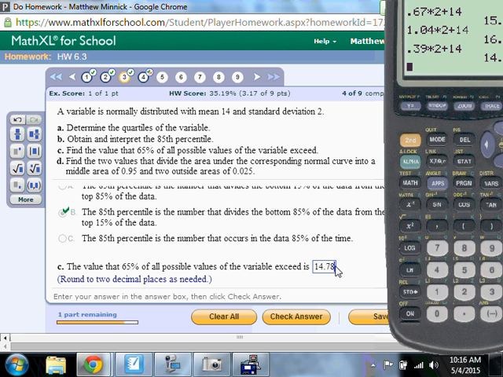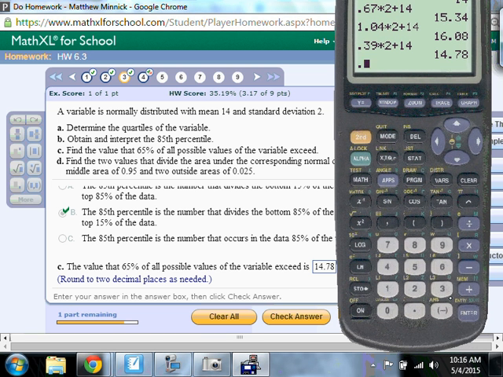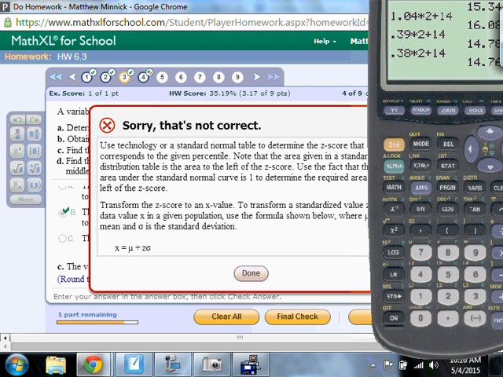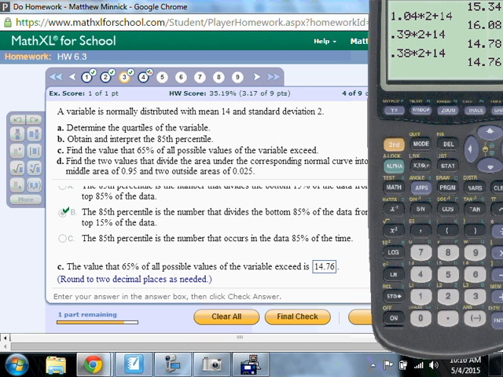Maybe I'll try 0.38. 0.38 times 2 plus 14 is 14.76. Let's try it again. Uh-oh. The value that 65% of the possible values exceed.